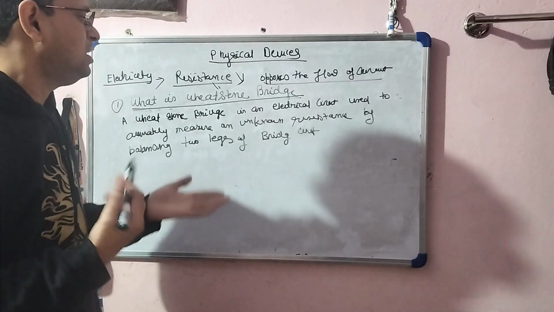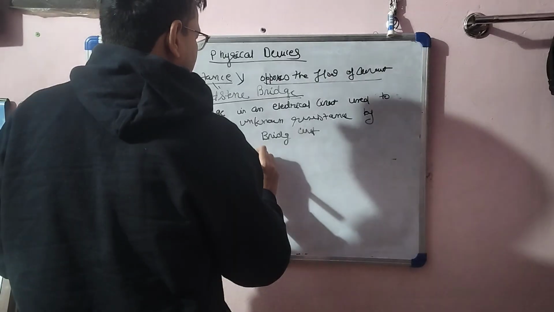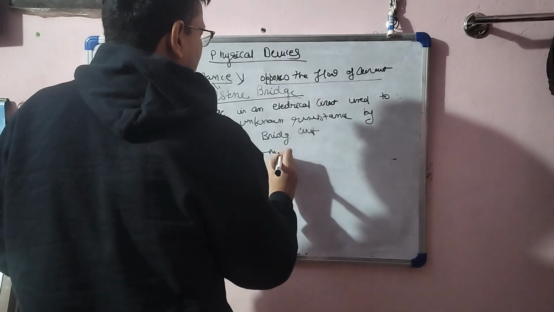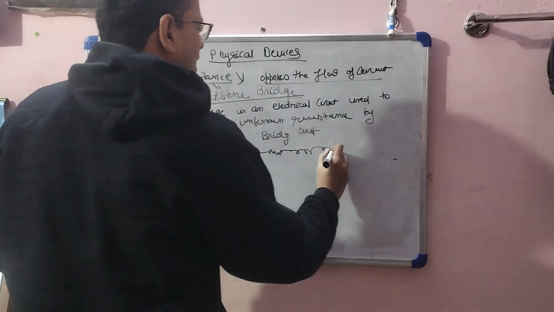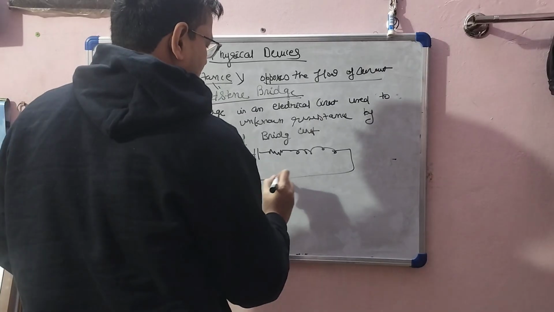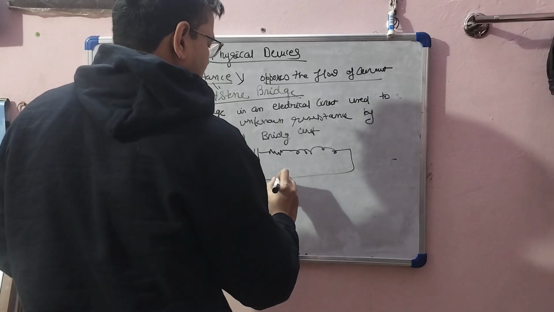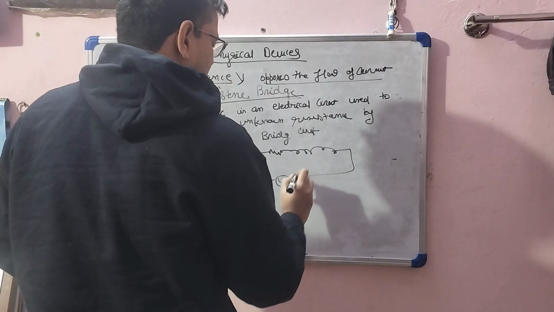What is a circuit? Circuit means there are devices, and the devices are connected by a voltage, AC or DC.